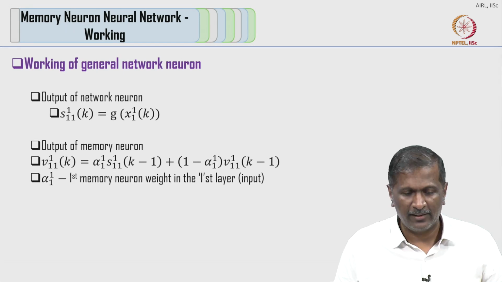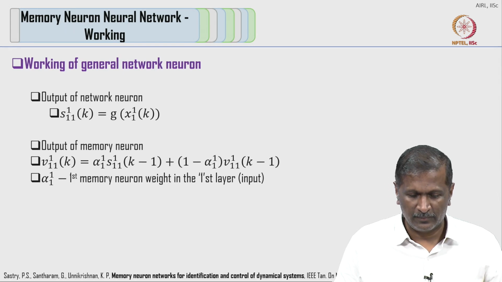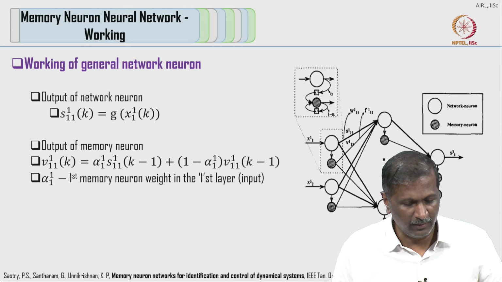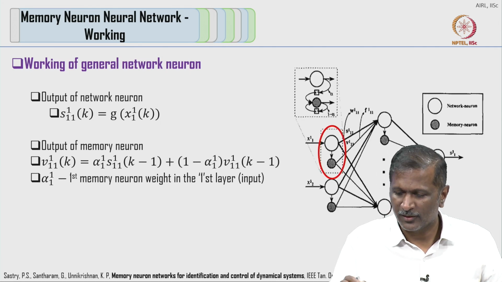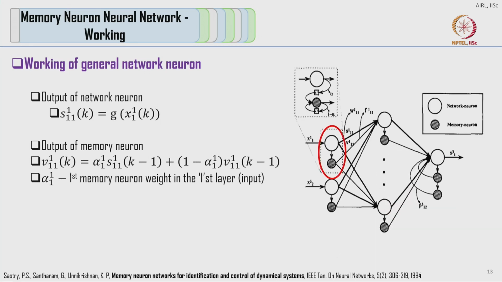Now, let us look at the output of the memory neuron. This particular layer I am highlighting further for better understanding. W11 is the weight associated with the first network neuron to the memory neuron, and F11 is the weight associated with the first memory neuron to the first network neuron in the second layer.